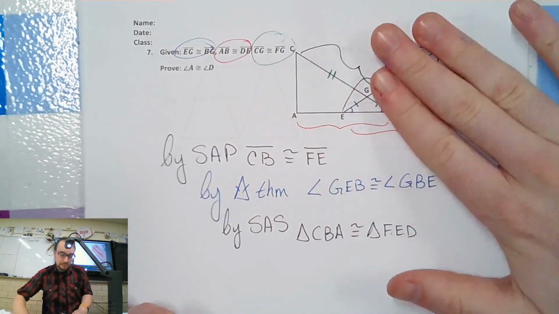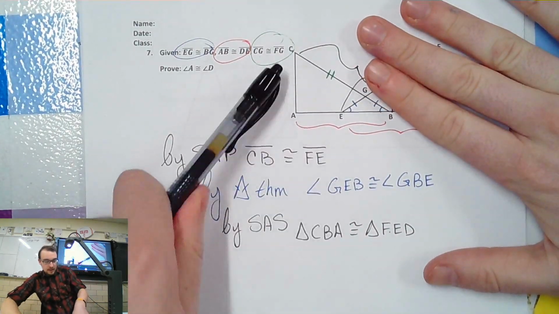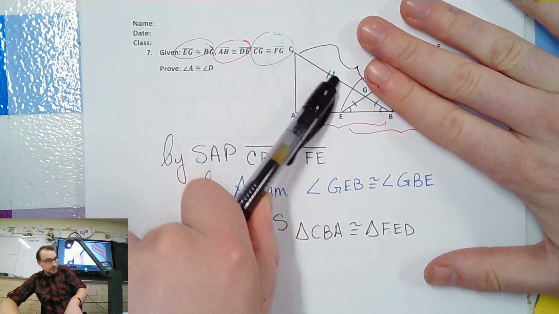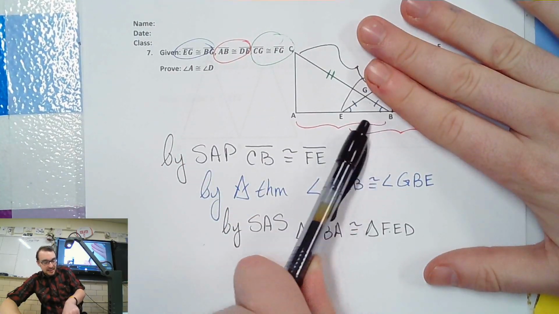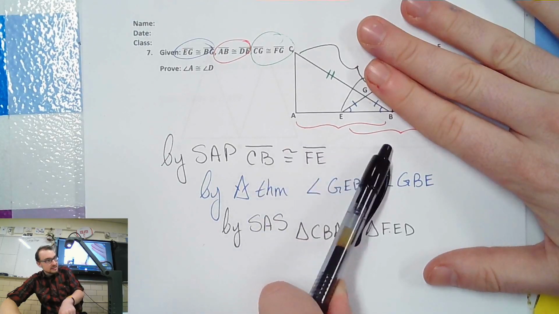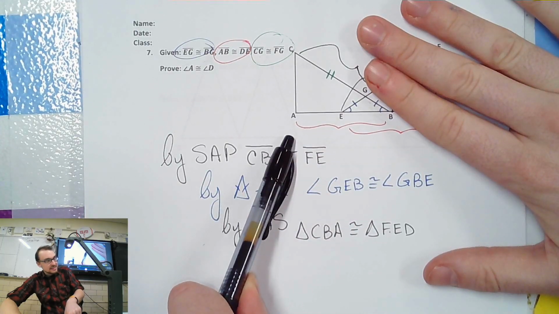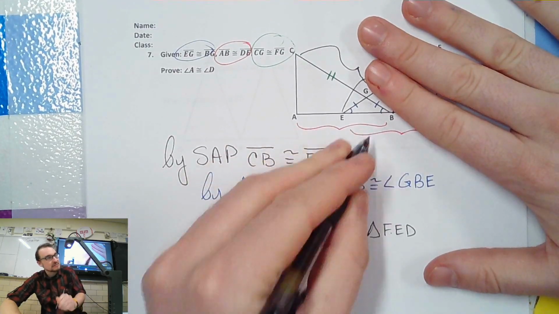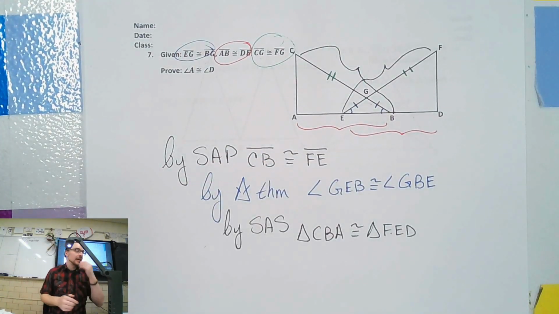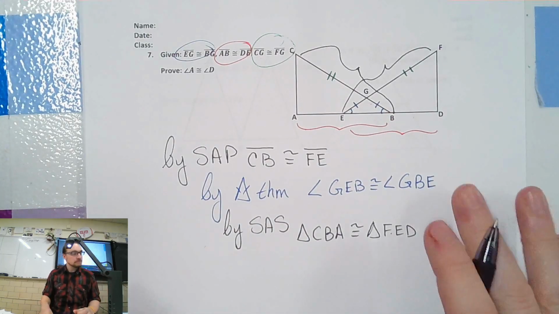Ooh, okay. S, A, S. Oh, yeah, so you don't need that. You just need this whole thing. Could you get it? Sure, but it's not helpful. Okay. Better? Good question.